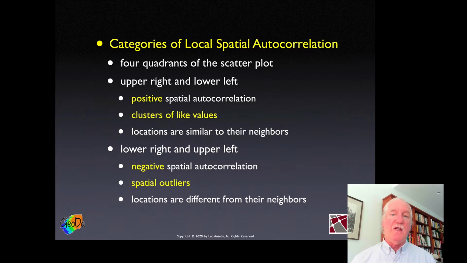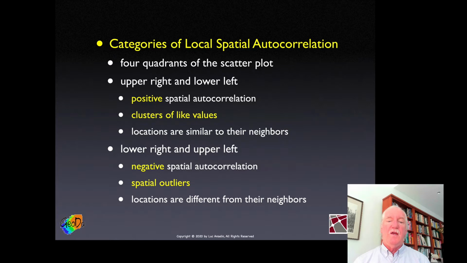And as we've seen in the previous module, positive spatial autocorrelation is when we find clusters of like values, or locations that are similar to their neighbors. Similar, not high, not low, similar. And we'll see in a second how we distinguish between high and low in the Moran scatter plot.